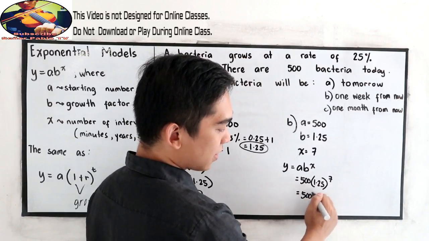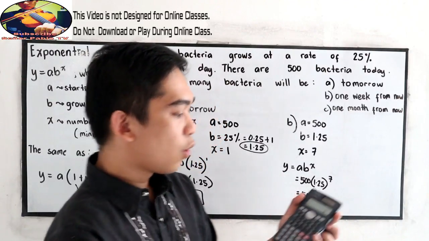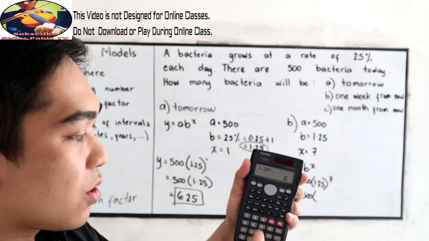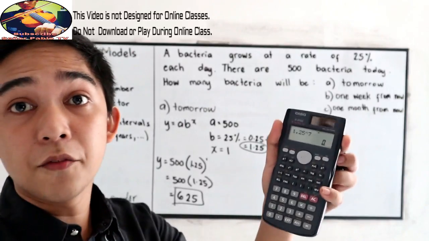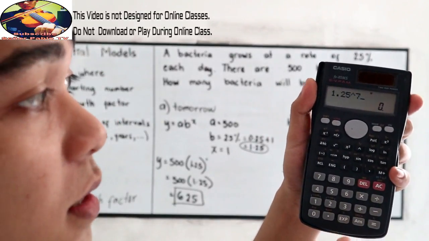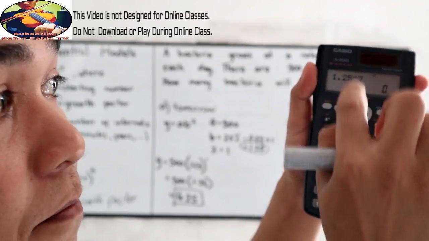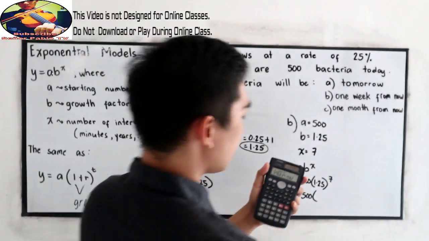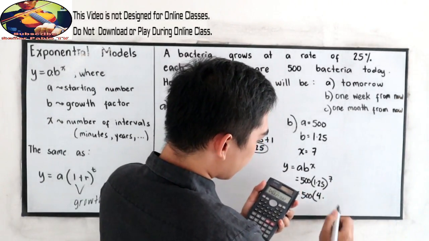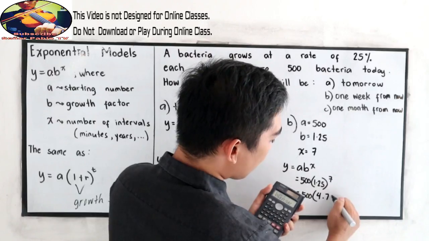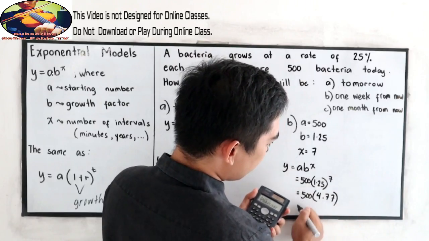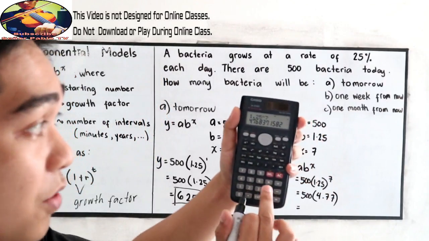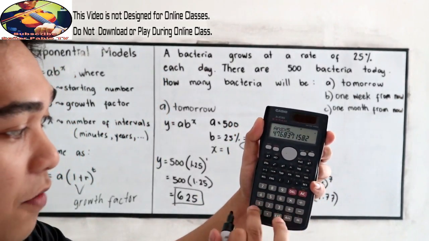So 500 times 1.25 raised to 7. If you want to find the raise symbol, use the symbol. Raised to 7, that is 4.77. Then just multiply it by 500.